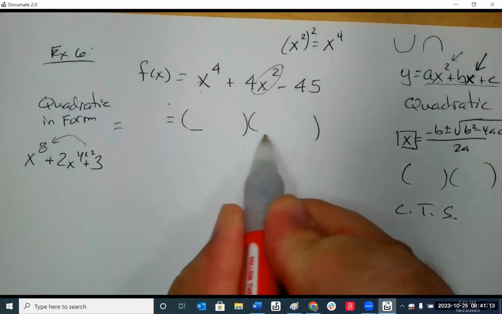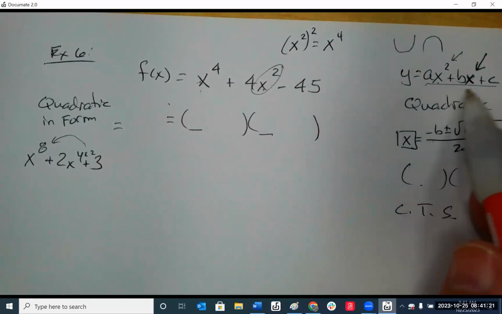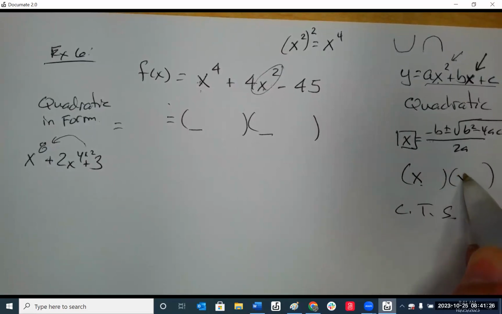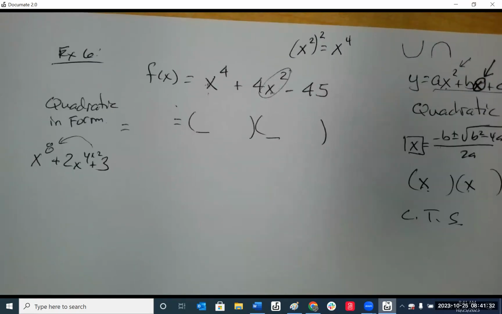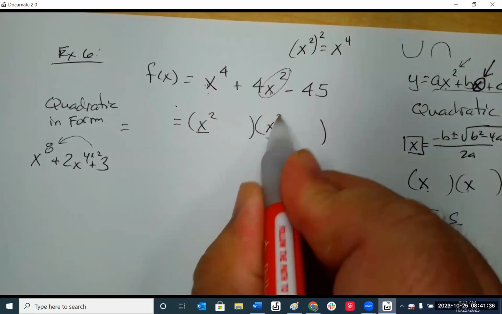Now, to make things easier, remember when we factored this type of equation? What came here first was x and x, right? It's whatever the middle term is, goes there. So since this is x squared, it's x squared and x squared.